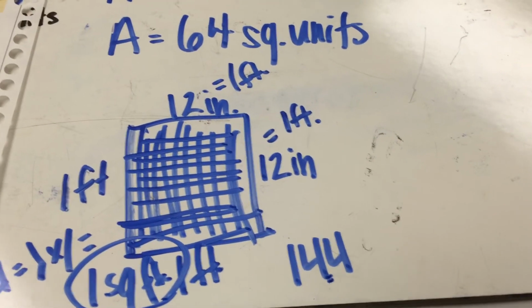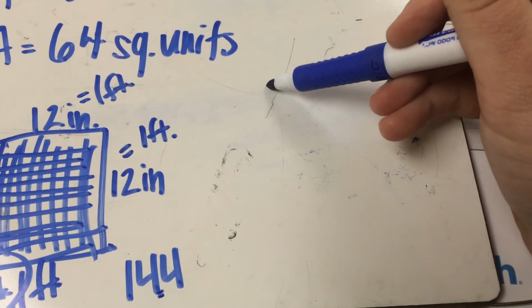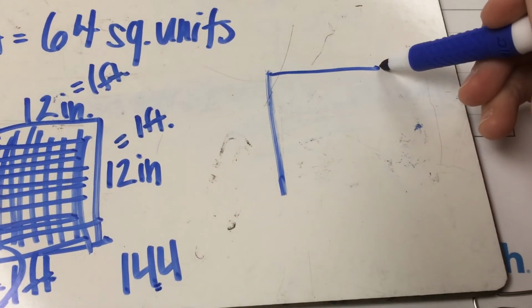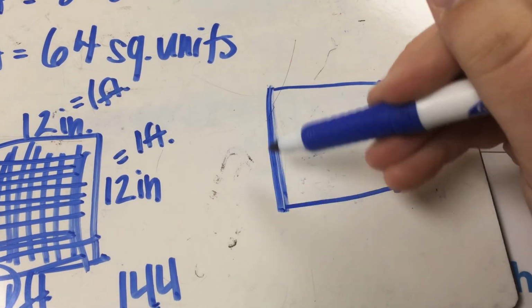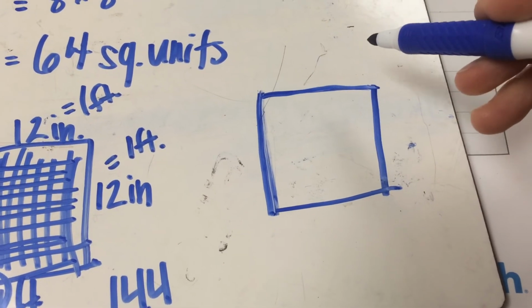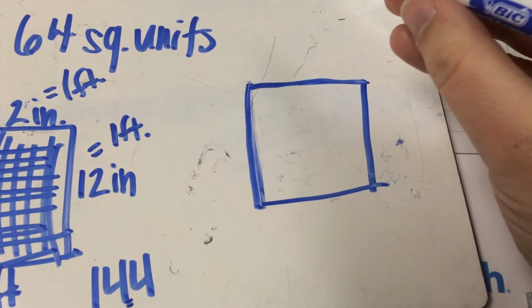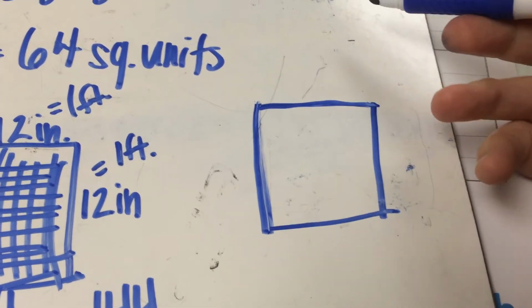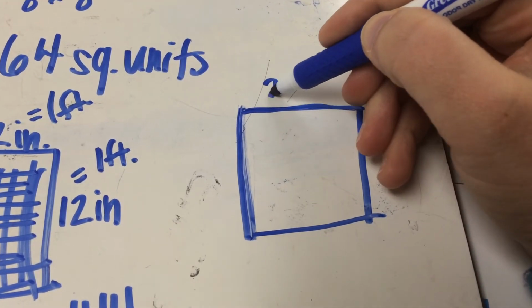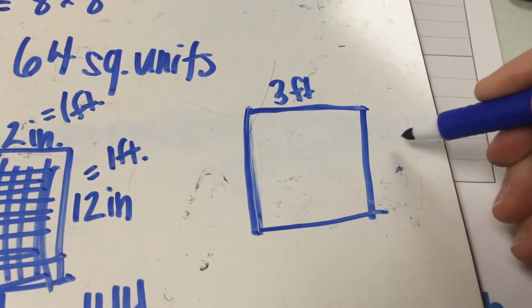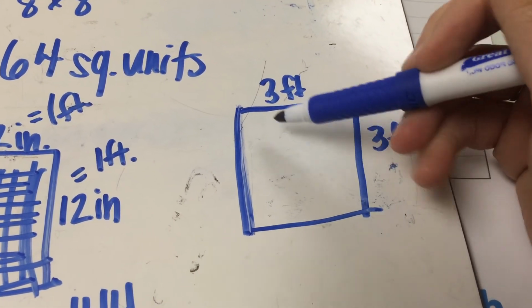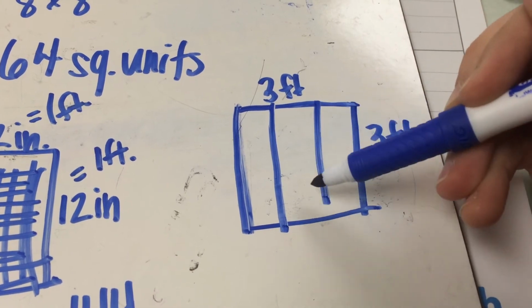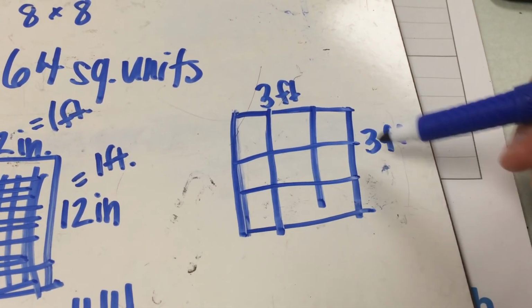And it's the same thing with your 9 square feet and your square yard, okay? So if I have, how many feet are in a yard? 3 feet, right? So if I'm finding the area here, 3 times 3 is 9, right?